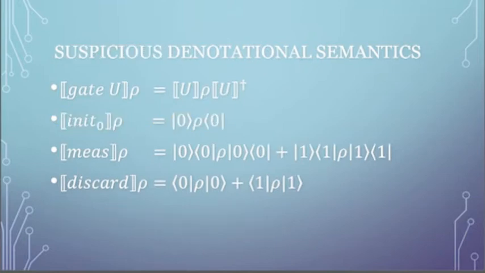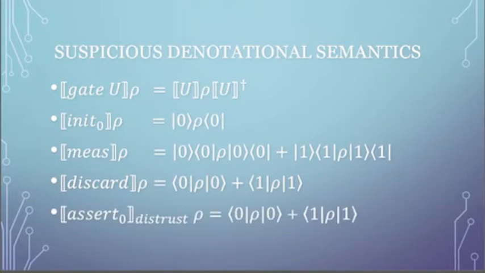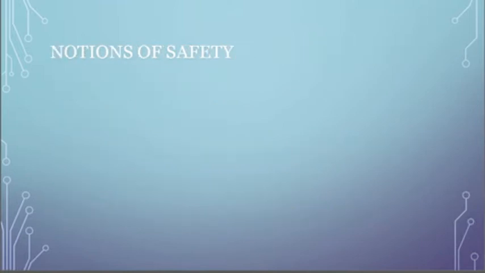If I'm not certain that the assertions are all correct, then I would write a somewhat different semantics for assert 0. And that semantics would just be exactly the same as discard. So there would be an implicit measurement, and we're discarding the qubit, and it prevents things from going wrong. There's nothing wrong with discarding qubits, assuming you discard them properly. And as you can see, these are the same operation.